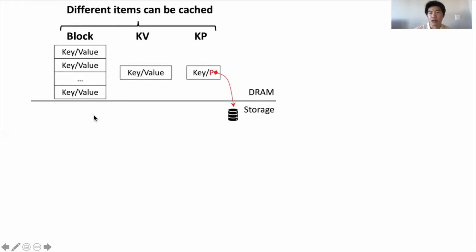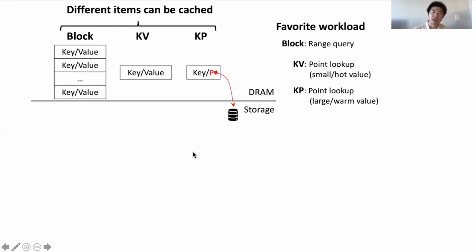And as a summary, we can see that each cached item type has its favorable workload. For example, the block cache is good for range queries, but it's not efficient for point lookups. And the key-value cache and key-pointer cache are good for point lookups, but they cannot support range queries, because looking at individual cached keys and values, we can't figure out what the next larger key is.